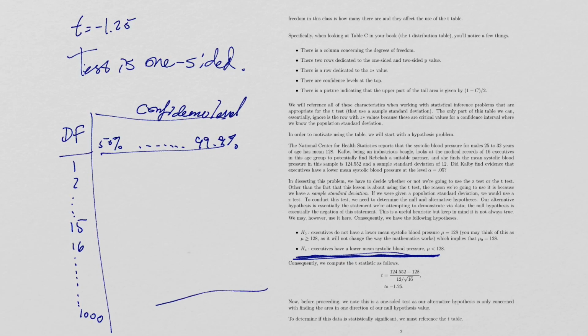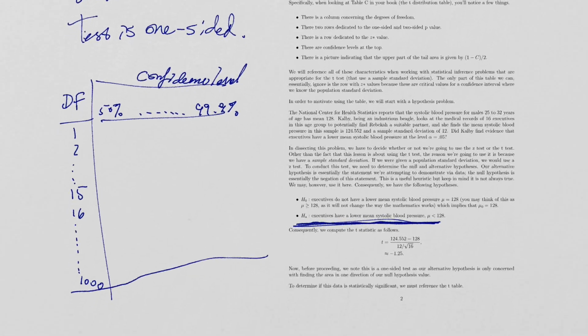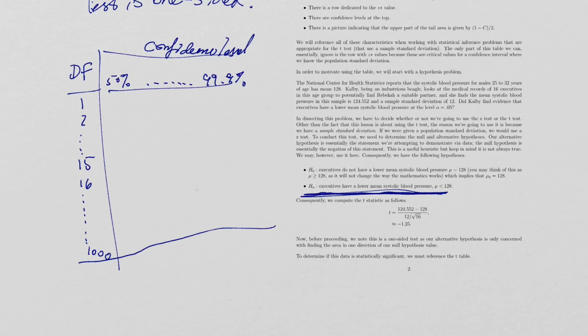You'll then also see that this thing has that z star value, but we're ignoring that. I'm just going to put 1S for one-sided p-value. I'm going to put 2S for two-sided p-value.